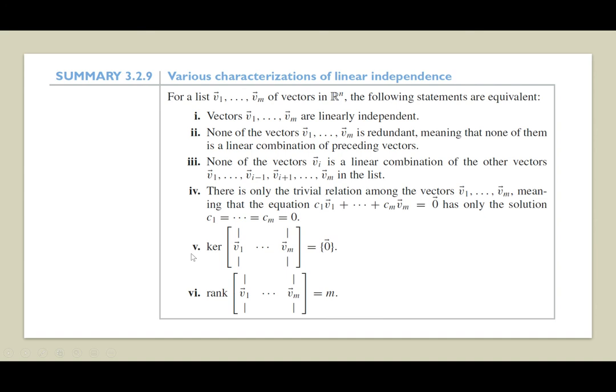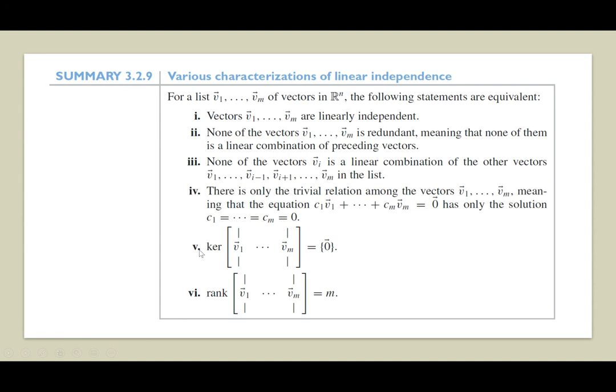Now here, this is interesting. This is saying that being linearly independent is equivalent to this: if you made a matrix with these vectors as the columns of the matrix, then if these are linearly independent, the kernel must be 0. And if the kernel is 0, then these must be linearly independent.